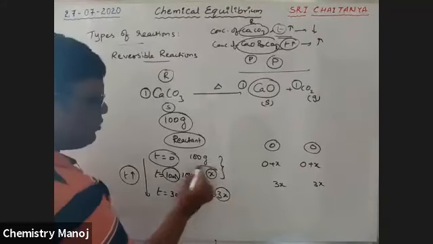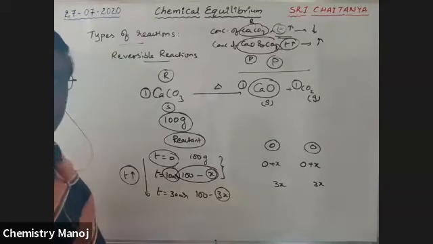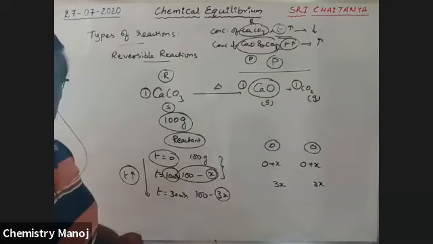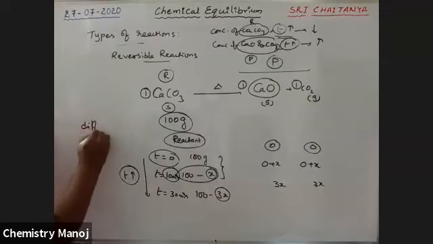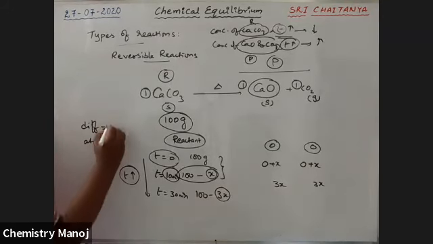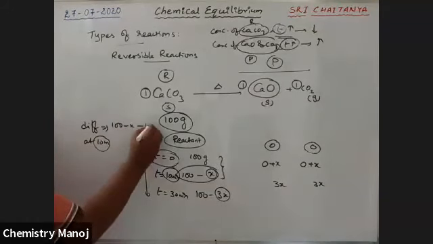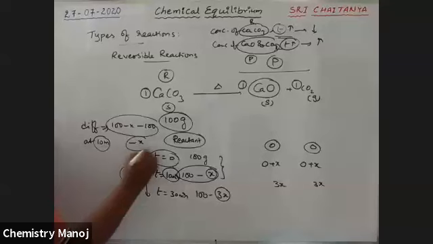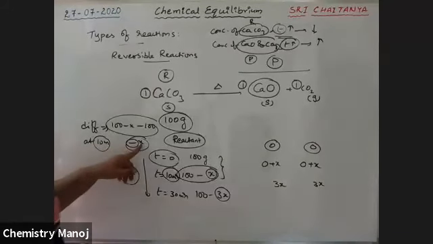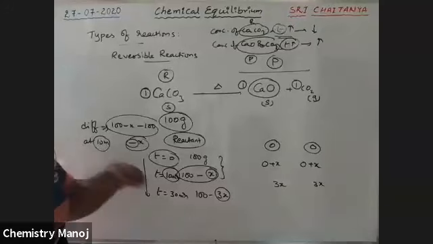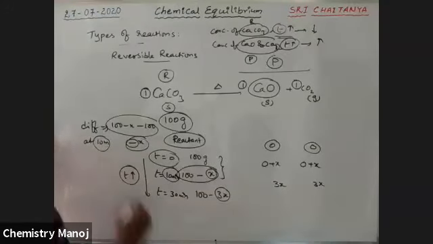Final is 100 minus X, initial is 100. So the difference at 10 minutes is 100 minus X minus 100, which is nothing but minus X. Minus means decrease. So X value is decreased in how much time? In 10 minutes.